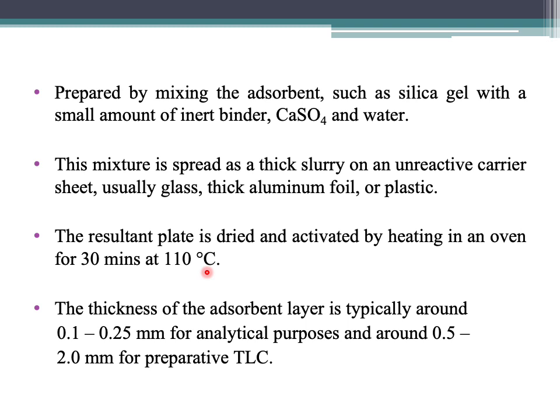So kita kena keringkan dia dalam oven about 30 minutes at 110 degrees Celsius. And the thickness of an adsorbent layer is typically around 0.1 to 0.25 mm for analytical purposes and around 0.5 to 2 mm for preparative TLC. So ni dia ada punya thickness dia, ketebalan dia.